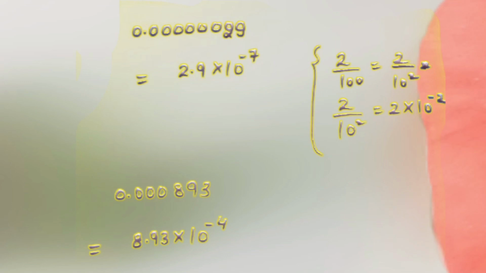Before 8, count how many decimal places there are: 1, 2, 3, 4. So 10 raised to power minus 4. And if you shift the decimal from right to left, then the exponent will be negative, 10 raised to power will be negative. If you shift it from left to right, then the exponent will be positive.